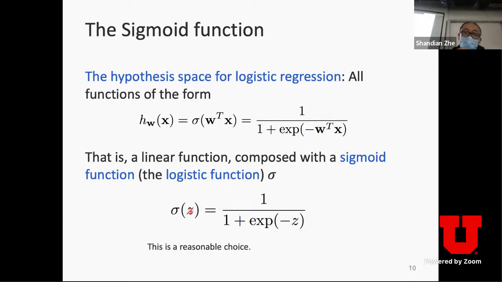Suppose your input to the sigmoid is just z. So it's 1 over 1 plus e to the power of minus z. Even if your z goes to infinity, this exponential term will be 0, so the sigmoid is 1. If z goes to minus infinity, what will happen?